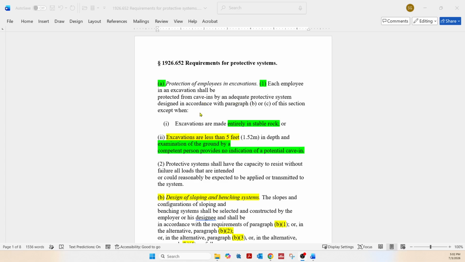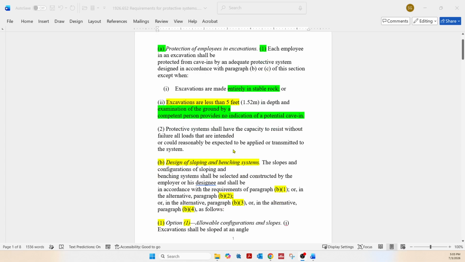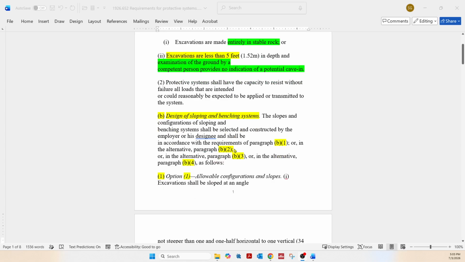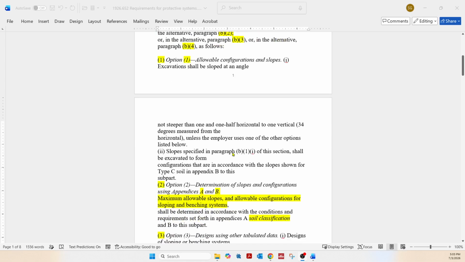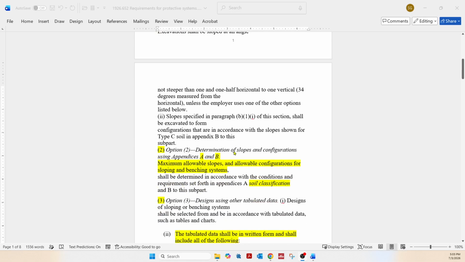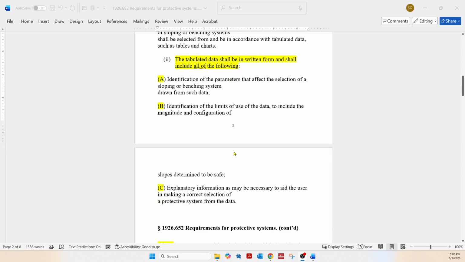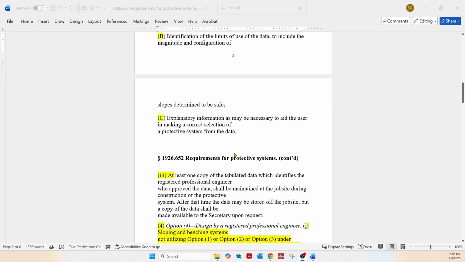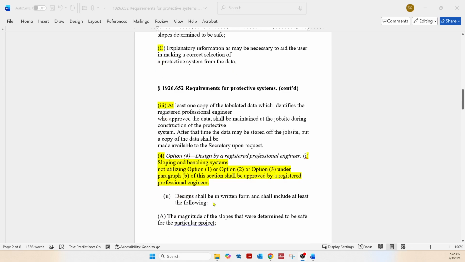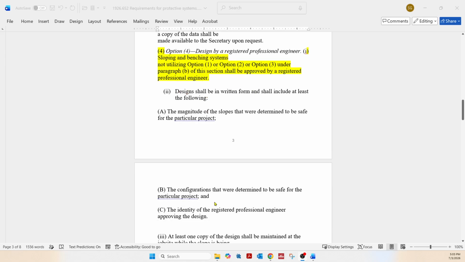Let's see if we can wiggle down here to B. That's the paragraph they're talking about, and that is the design of sloping and benching. Okay, and C. Let's wiggle down a little further, see if I can find that. I know what it is, I'd just like to show it to you.